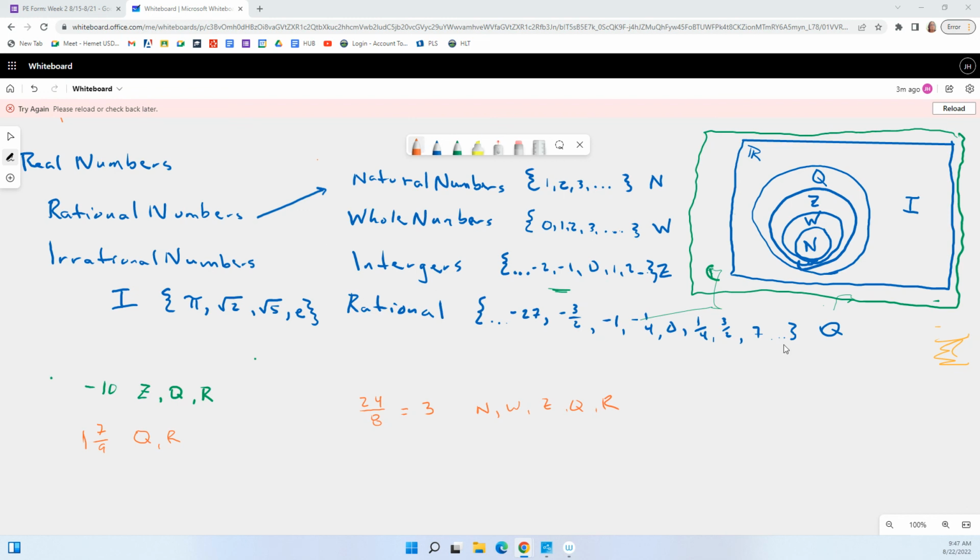Sorry, the Q is the rational, Z is integer.